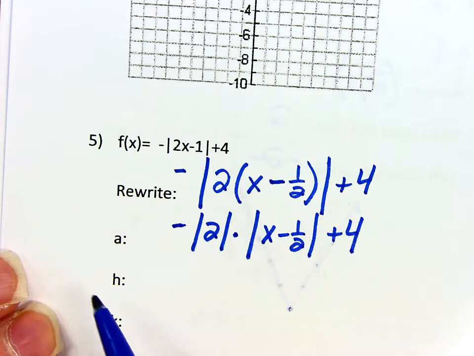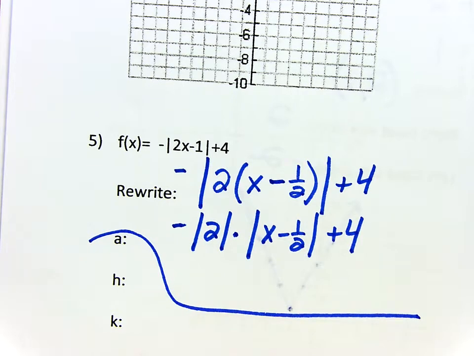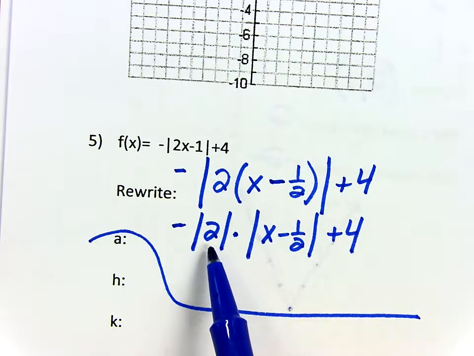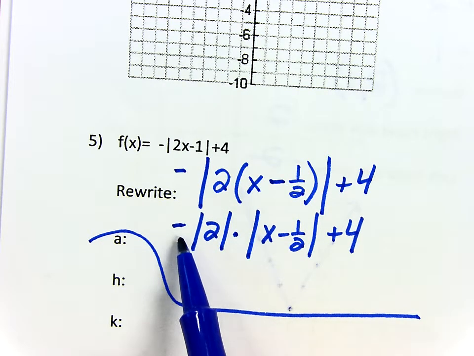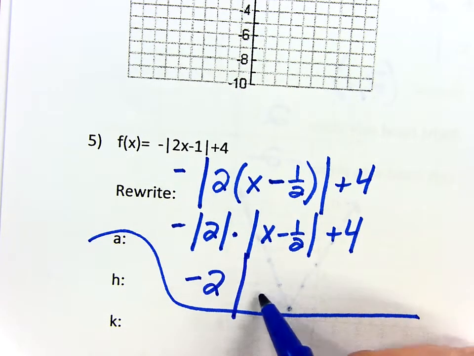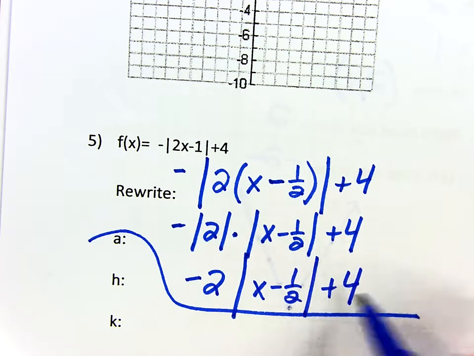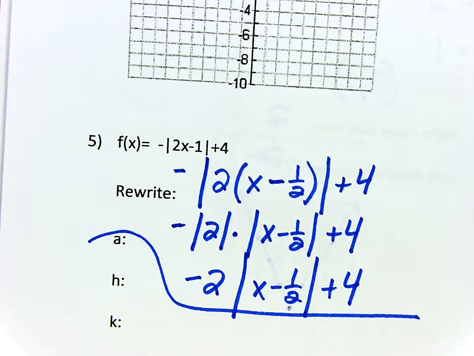My rewrite has gone a little long, but that's okay. Now I'm ready, because the absolute value of 2 is 2, and then that negative is still there. So A is going to be negative 2. Then I have the absolute value of x minus a half, plus 4. So now it looks like the right form.